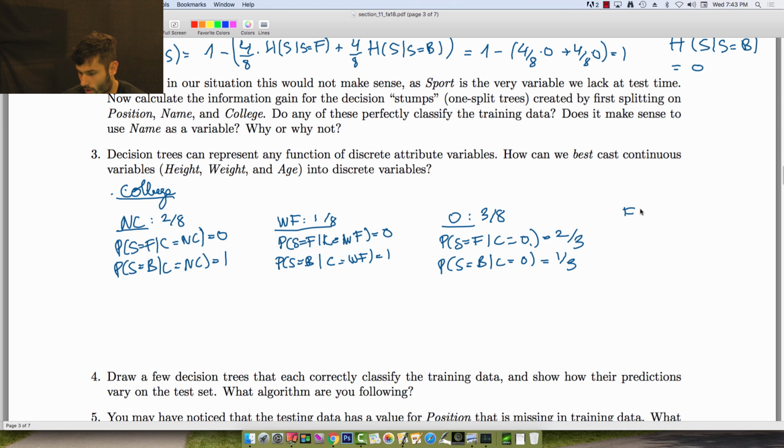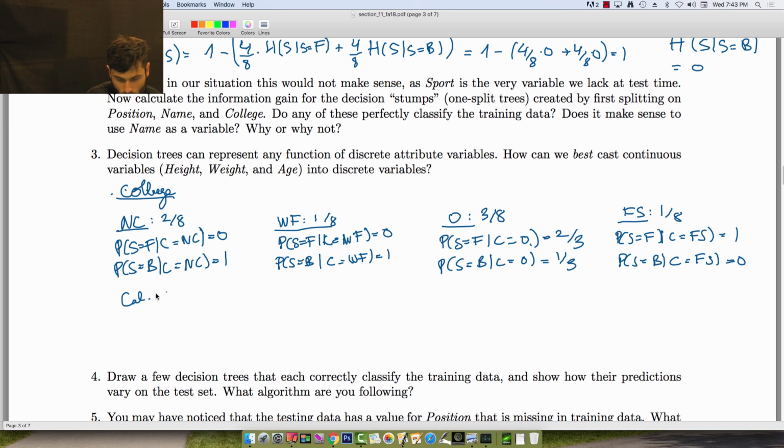Then the next one is Florida State, and there is 1 over 8. Here the probability of the sport being football, given that college equals Florida State, is 1, because a single person is playing football, so the probability of playing basketball is 0. Finally, the last one is California.